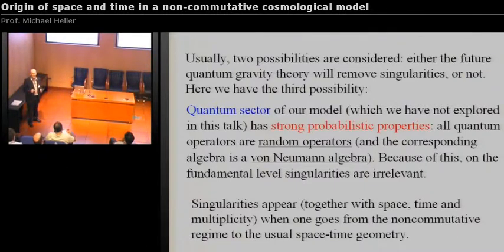But we can say that they are only effects of our simplifications, of the fact that macroscopic physics is only an approximation to what is going on at the fundamental level. So the problem of singularity in the interior of black holes is not yet solved, but at least we have another possibility. Perhaps they are probabilistically irrelevant.